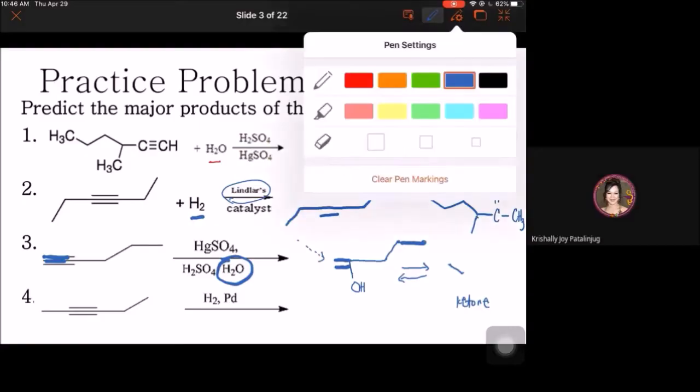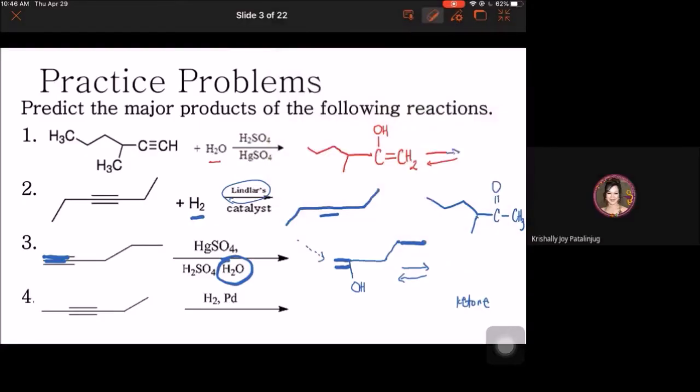So I'll just write it in this way. All right. It's just the same. Diba? You have how many carbons? 1, 2, 3, 4, and 5.